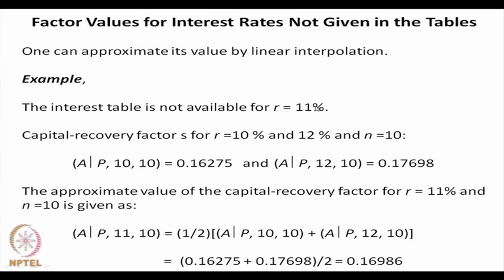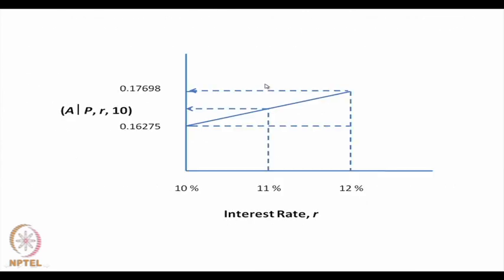If you have a calculator, fine, go ahead, do it, else one can approximate the value of A given P at 11%, 10 years, by linear interpolation. Linear interpolation is very simple. In the interest table, if r is equal to 10%, the value is 0.16275, and when r is equal to 12%, the value is 0.17698.